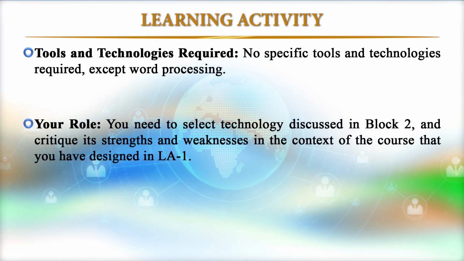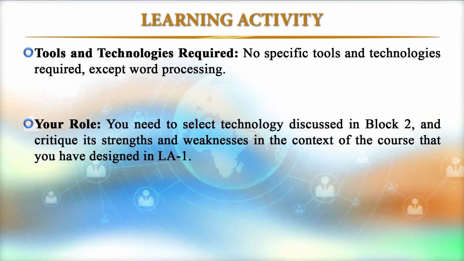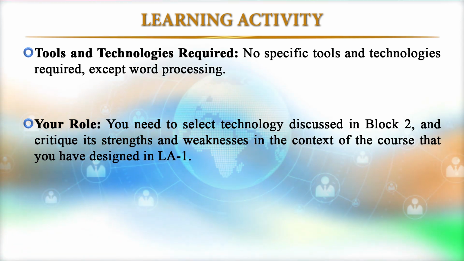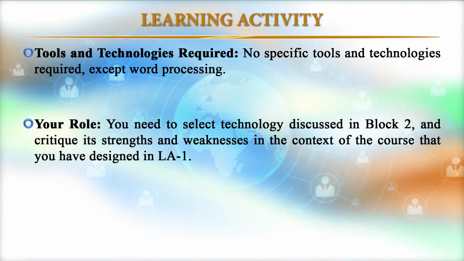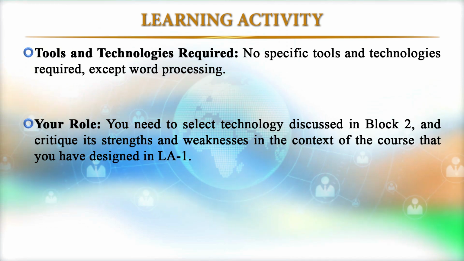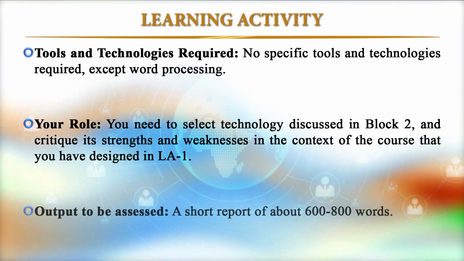Your role in this activity is to select a technology discussed in Block 2 and critique its strengths and weaknesses in the context of the course that you designed in learning activity 1. You have to select any one technology discussed in Block 2 and analyze critically its strengths and weaknesses in context to your course which you selected for LA1. The output will be assessed based on your report.